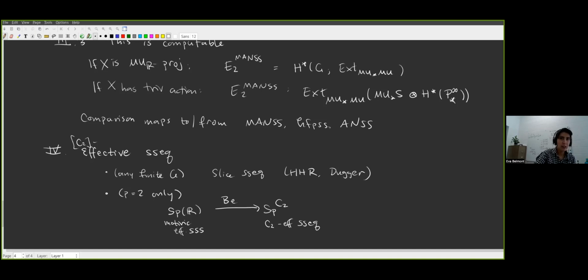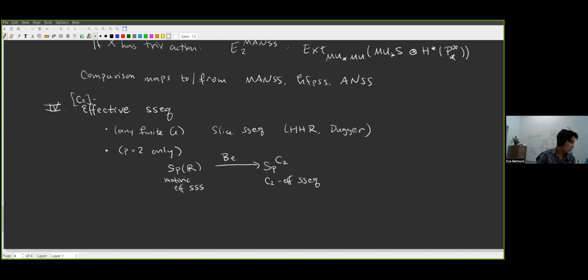So this is more computable, and these two agree for certain spectra. For p equals 2, they agree for, say, localized quotients of MUR, but not for the sphere.